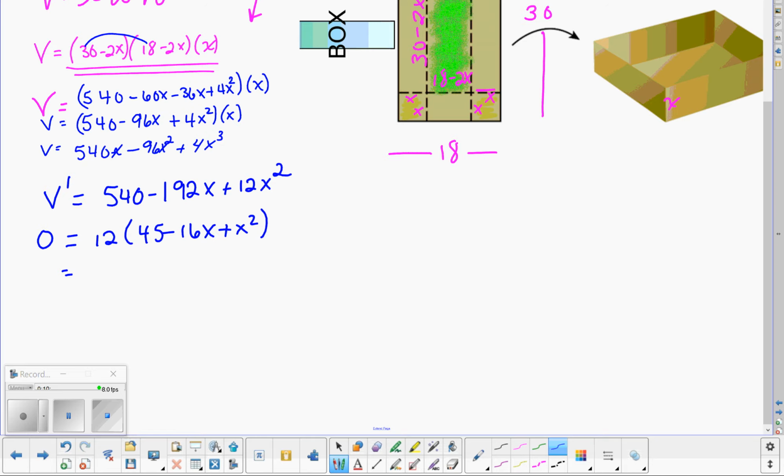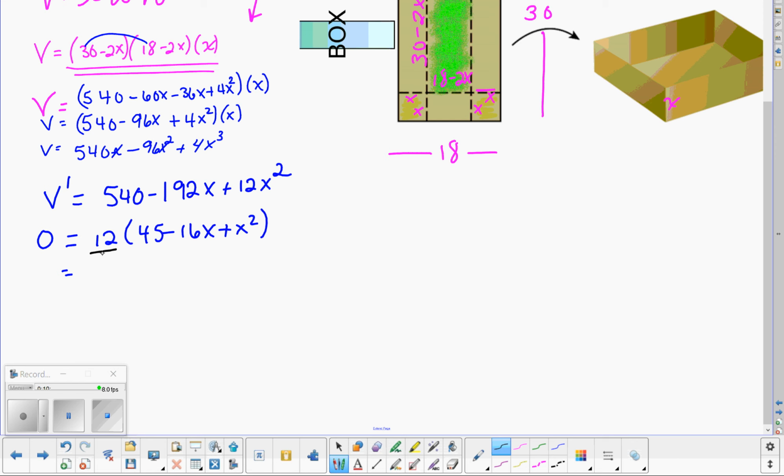Let's go back since that's not so factorable. And what could we do? We could use the quadratic formula. That would be one option. We could also work on completing the square. So perhaps that's what I will do.